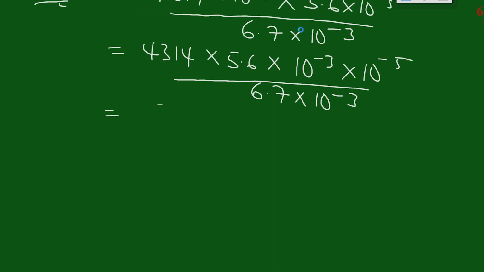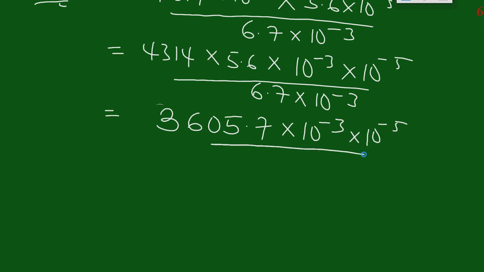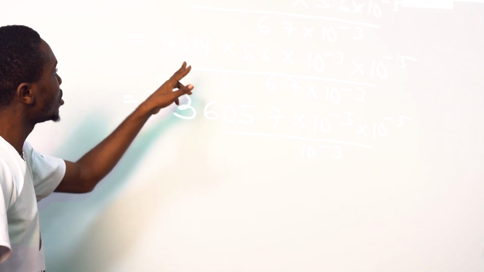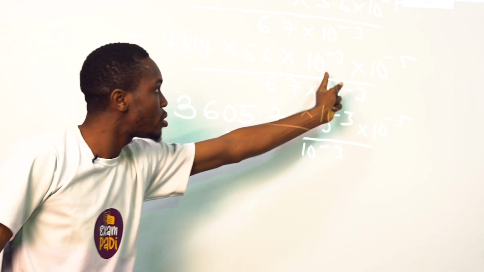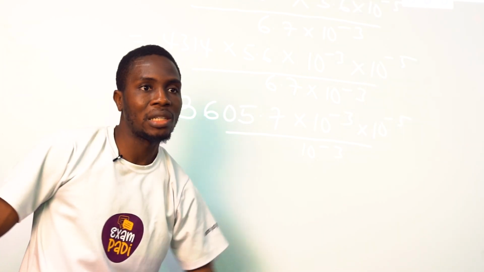So the answer to this is 3605.7 times 10 raised to the power of minus 3 times 10 raised to the power of minus 5 divided by 10 raised to the power of minus 3. Remember, we only multiplied this and divided it by 6.7. We did not touch the standard forms.